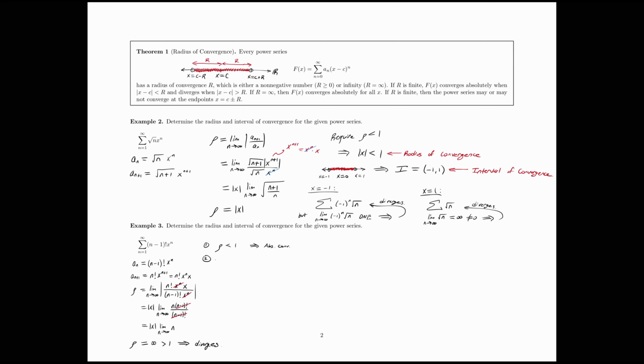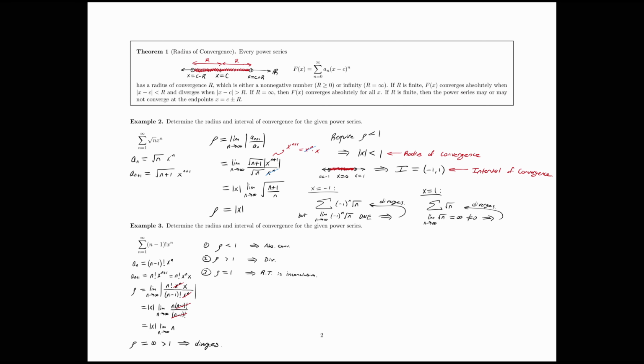Option 2 is that rho is greater than 1, in which case we just have divergence. Option 3 is when rho is exactly equal to 1, in which case the ratio test is inconclusive. Inconclusive is not saying that the series diverges or converges. It's just saying the ratio test is not a strong enough or appropriate tool to determine what's going on in that case.